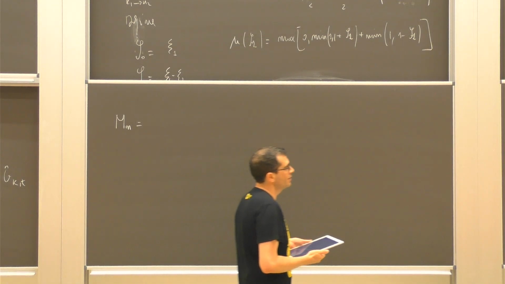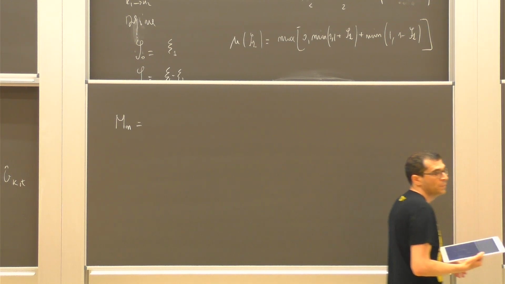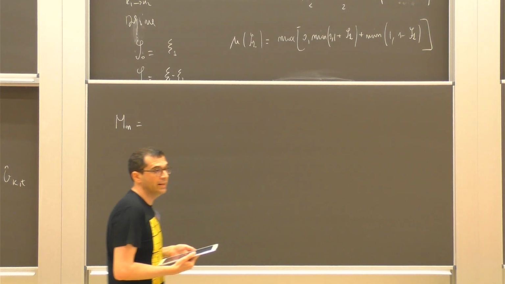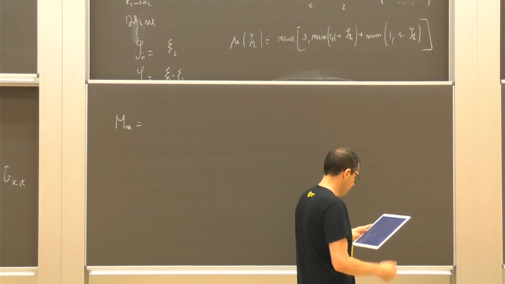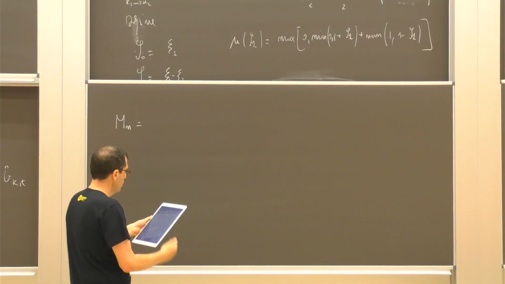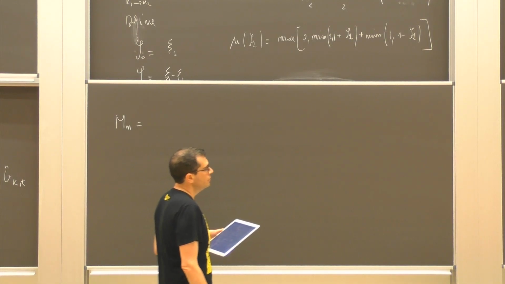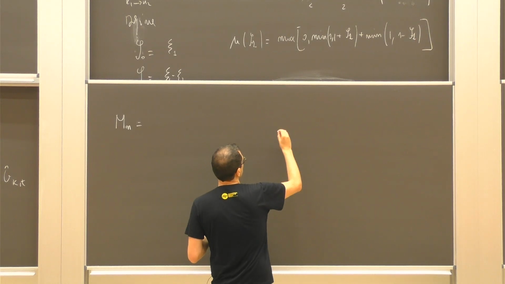You start from something horrible, which is a 2n dimensional integral. Then you use the stationary phase again. Then all the momenta become equal. This remains true. Then the tricky part is that you have to expand.